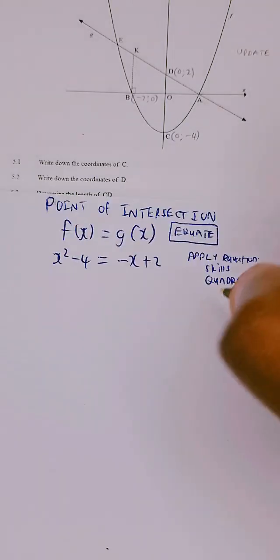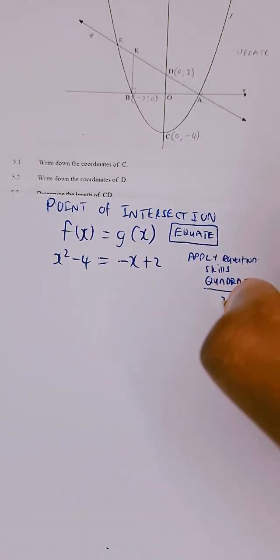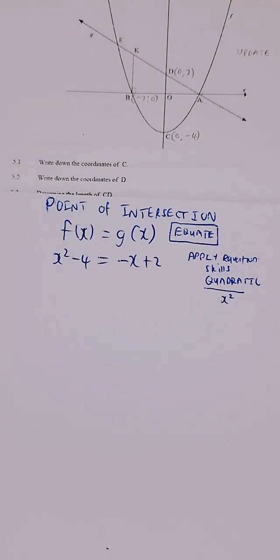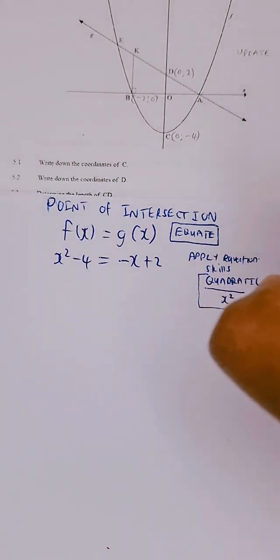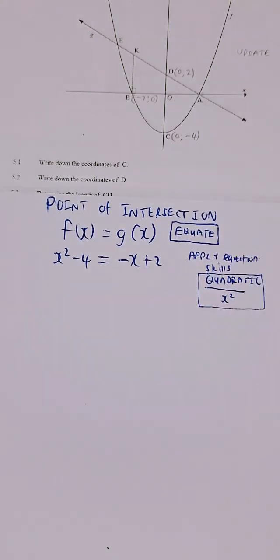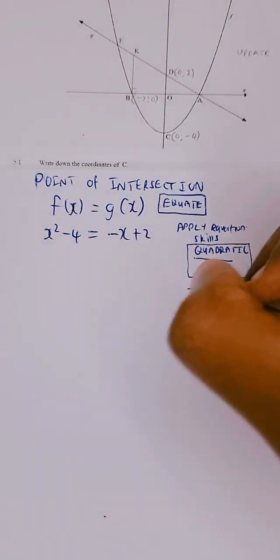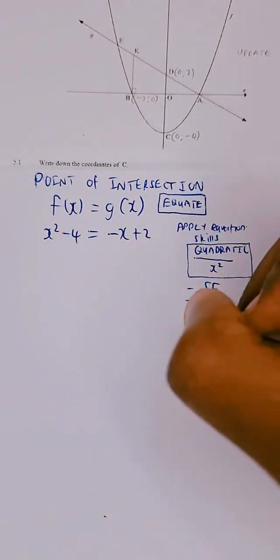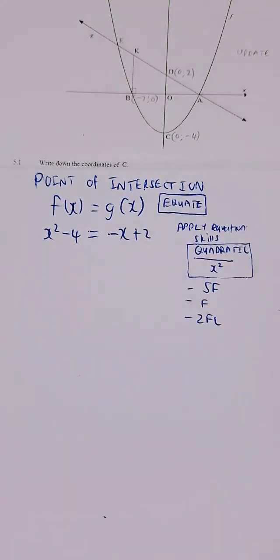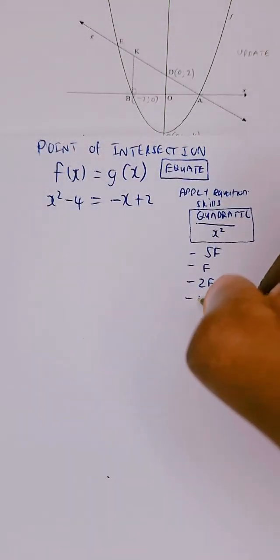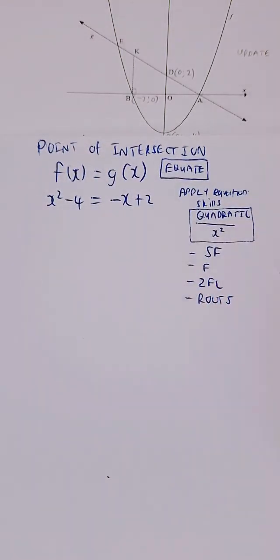Remember, when we say quadratic, that means the highest exponent in the equation is the exponent 2. So our goal is to get the equation into standard form. Then 2, we factorize. Then 3, we apply the zero factor law. Then 4, we get the roots. All right? That's the objective.